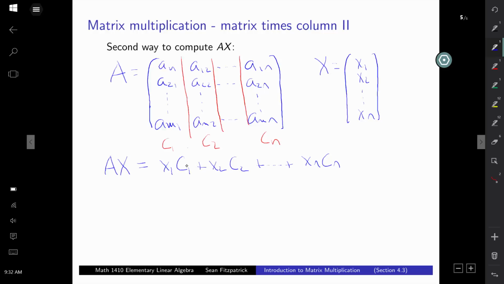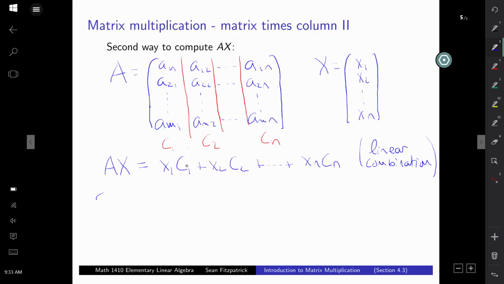And what I've just done is formed a linear combination. So the other way of doing a matrix times a column is to think of it as forming a linear combination of the columns in the original matrix.